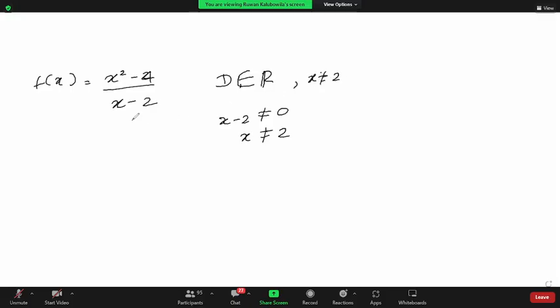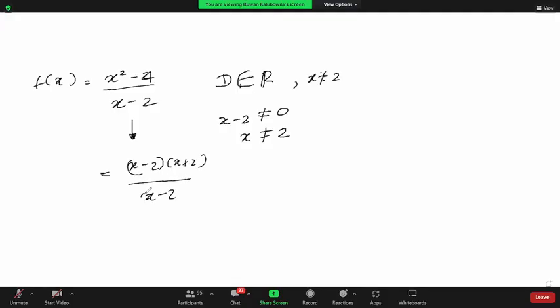But you see something special for this function. We can find some factors in the numerator, so then we can simplify this rational function a little bit more. So we can write x squared minus 2 to the power 2, that means (x minus 2)(x plus 2).